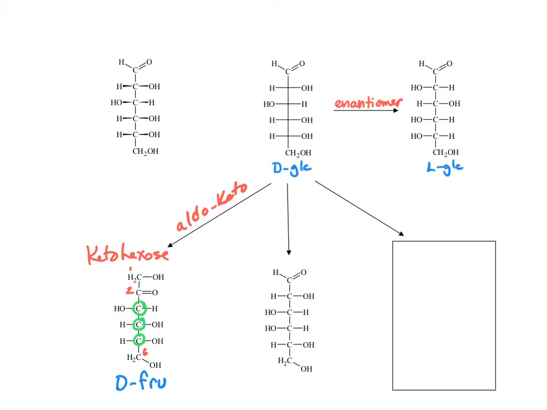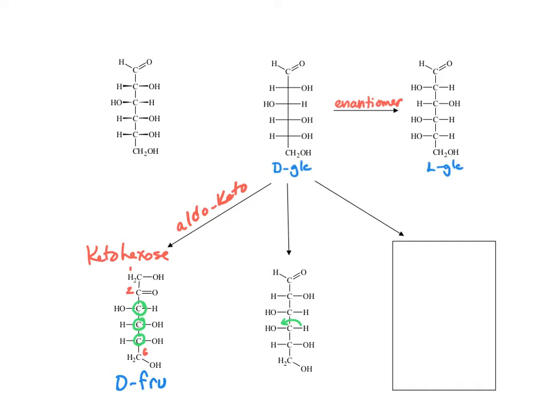Let's move on. What is the transformation of D-glucose down here? If you looked closely, I suspect you would see that what happened is we went from right, left, right, right to right, left, left, right. That is, we switched 1 carbon.